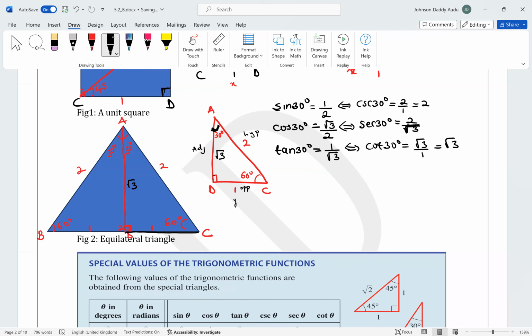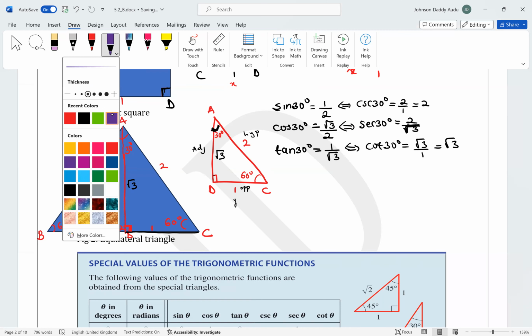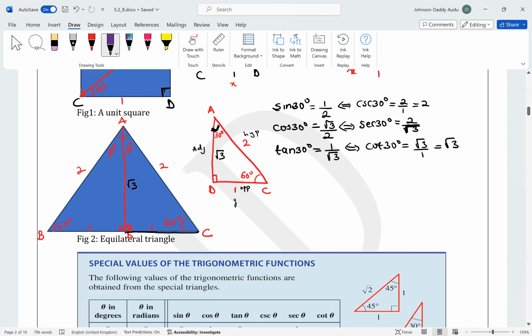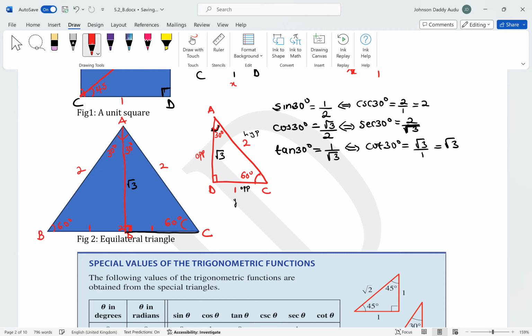Then let's turn now to something else, which is another angle. Let's concentrate now on angle, what? Angle 60. So it means we're done with this. If we want to concentrate on angle 60, then we need to change something. So this is our focus, 60. In this case now, here will become the opposite, because the 60 is facing this.